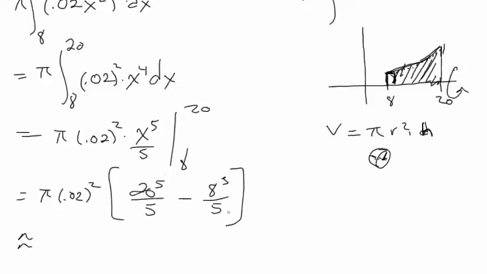Oh, I got an error. What did I do wrong? Oh, no. Pi times... Yes, they were studying, and they set up a camp. It looked like. I'm trying to find where I've gone wrong here. Let's see. 20 to the 5th over 5 minus 8 to the 5th over 5.